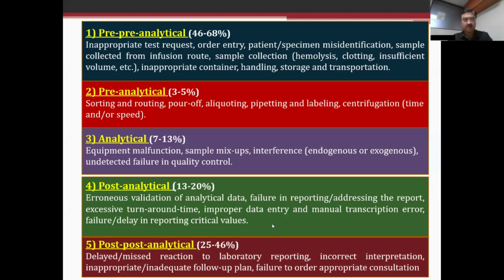Suppose you have got a high potassium value for a patient and you are waiting and not reporting it immediately. By the time the report reaches the patient, it is not of any help, because by this time the patient has had a cardiac arrest and died. Your report may help in autopsy, not for his treatment.